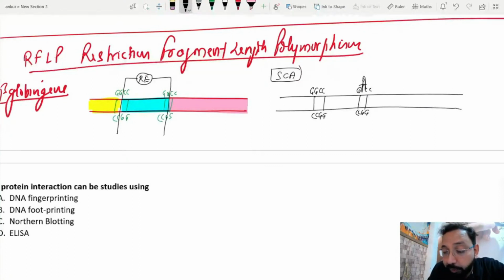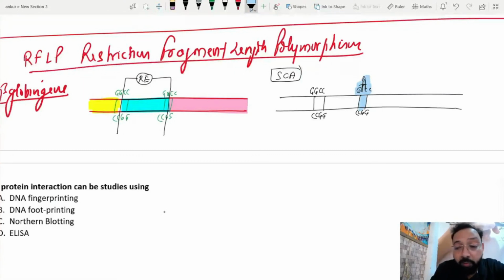Yes, this point mutation occurs and this palindrome is lost. We found that in sickle cell anemia there is a point mutation, and due to this mutation this palindrome is lost.